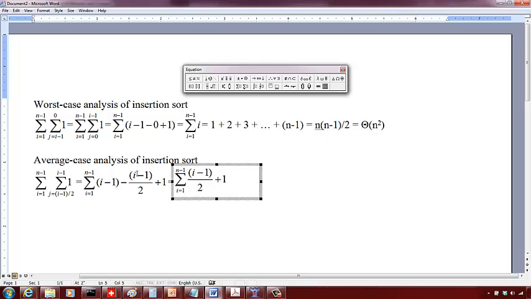So this portion is going to be i minus 1 over 2 plus 1.